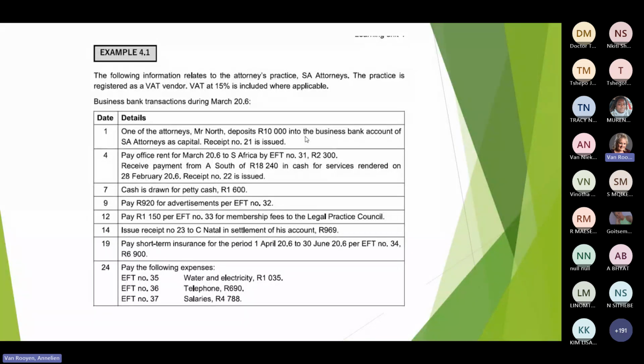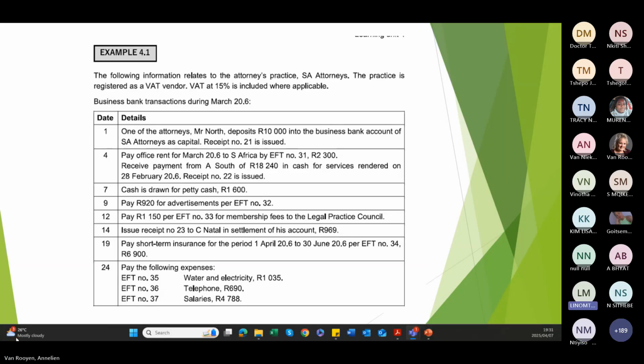What account will be credited? The bank account is debited by 10,000. Which account will we credit? The capital account. That's correct.